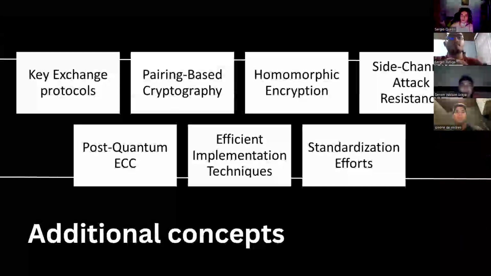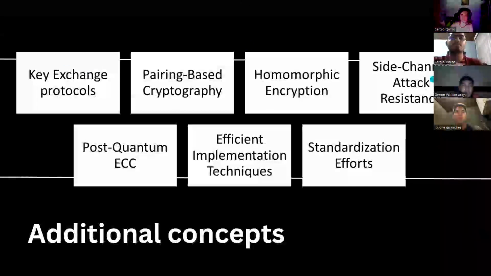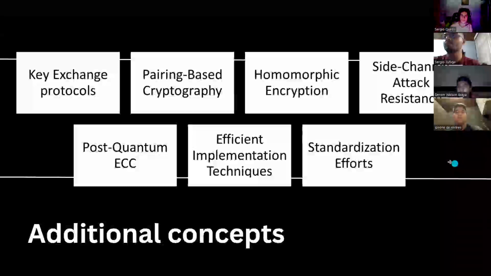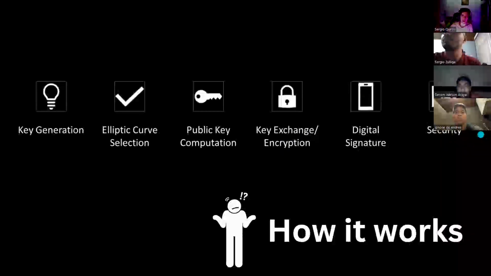These are some additional concepts that we might go over at the very end. And the important part is how it works. It first generates a key. Each user has to generate a pair of cryptographic keys, the ones we mentioned before, the public and the private keys.